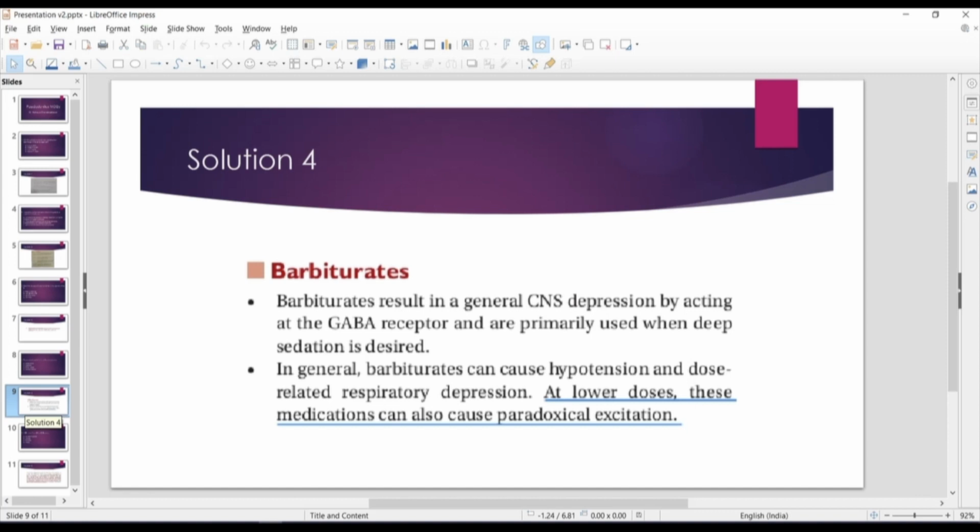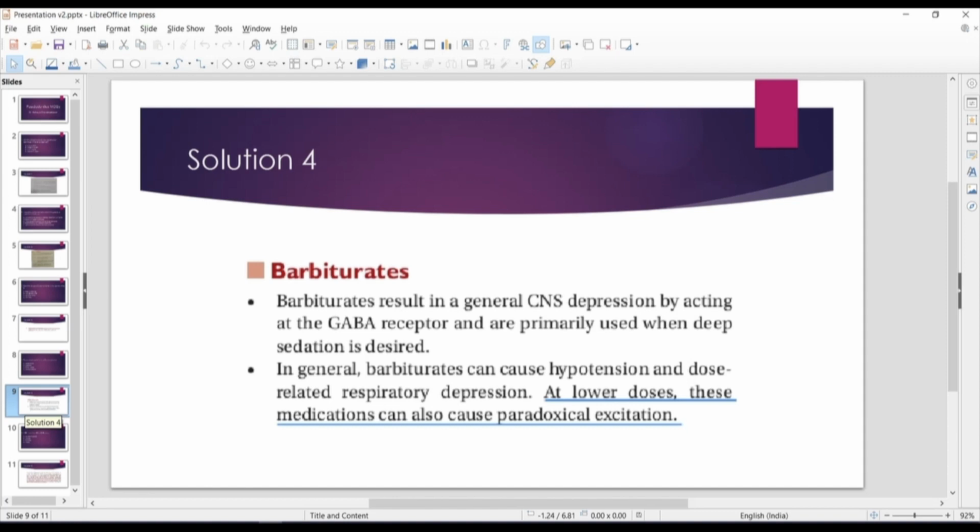So why is this used? This is a form of behavioral management of children in the dental office using medications, that is, pharmacological management of children in the dental office.